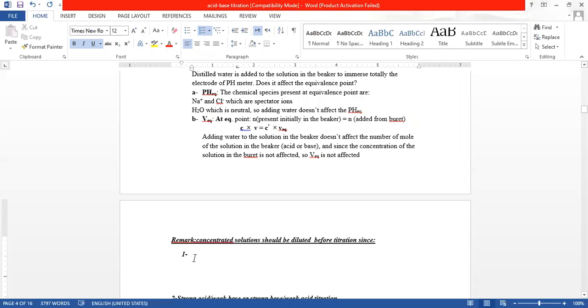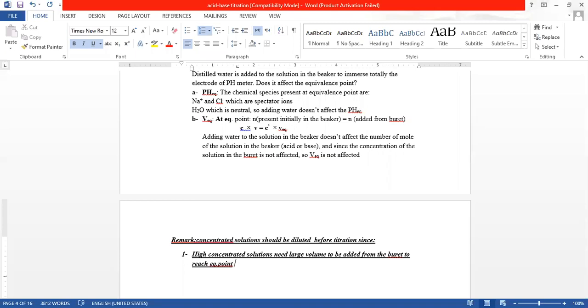Concentrated solutions should be diluted before titration, since highly concentrated solutions need a large volume to be added from the burette to reach the equivalence point.